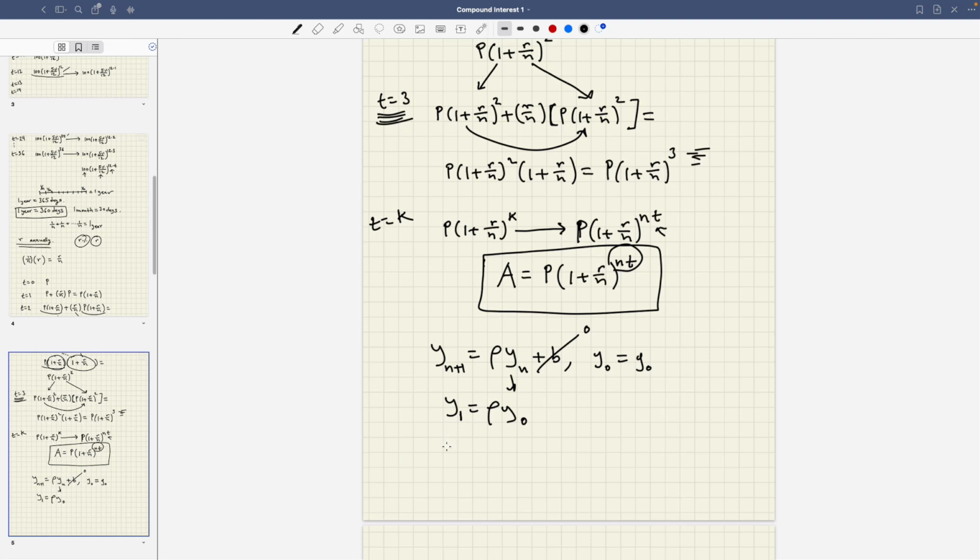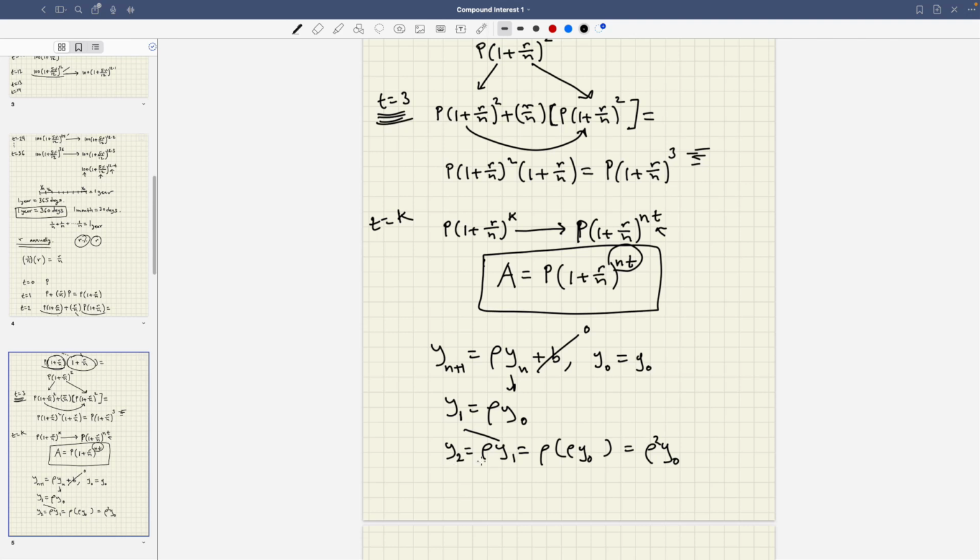So the second iteration would just be rho times y sub 1. The index reduces by 1, which we already know what y sub 1 is, right? It's just rho times parentheses, if you want, we're going to write down the value of y sub 1, which is rho y sub 0, which is rho squared y sub 0. You can see the pattern already.